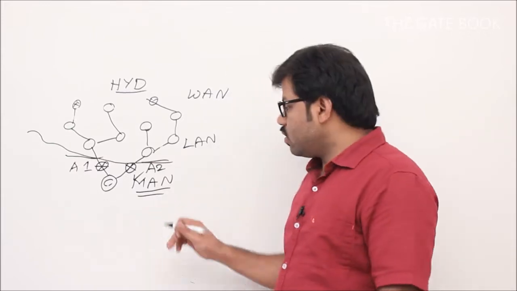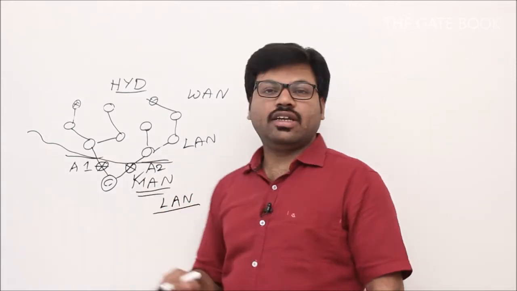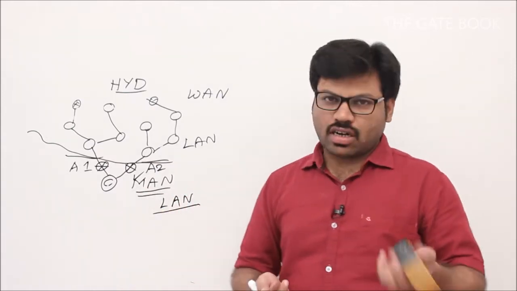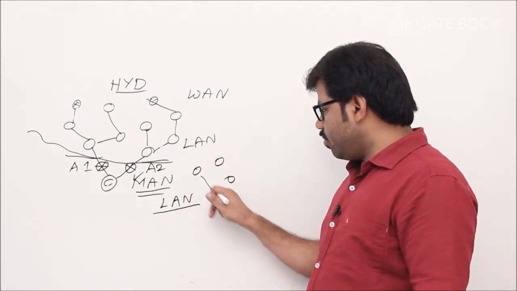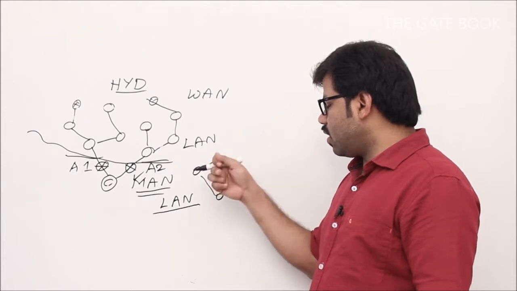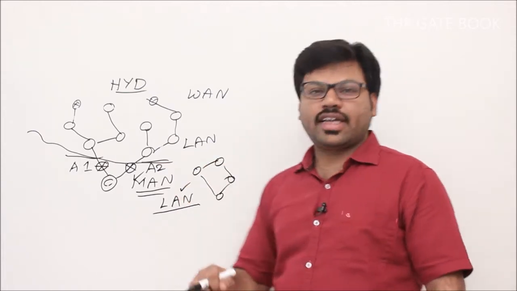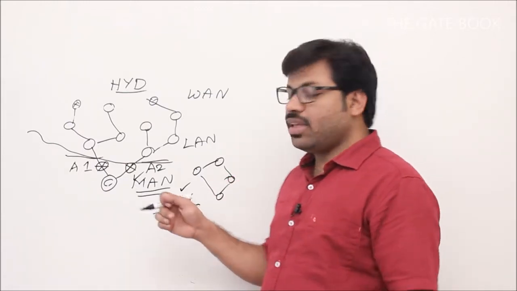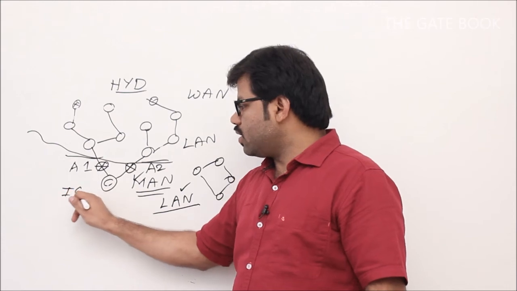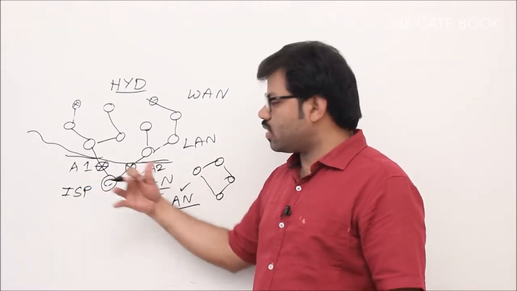And one more thing, generally who maintains these LANs? Generally colleges, institutions, and organizations who have a set of computers and want to connect them, maybe because these computers are 1-2 kilometers apart, might use LAN technology. And who uses WAN technology? Maybe internet service providers, because they are going to give us connectivity.